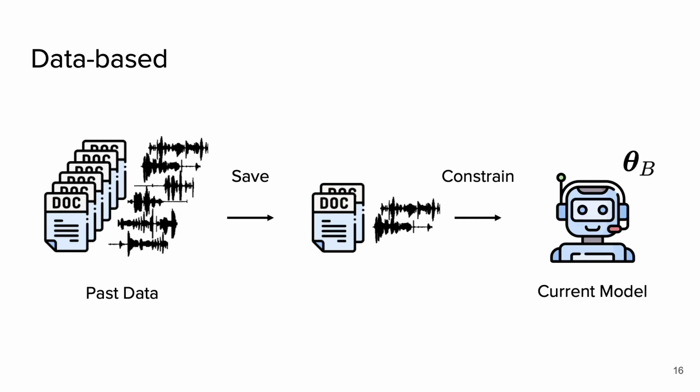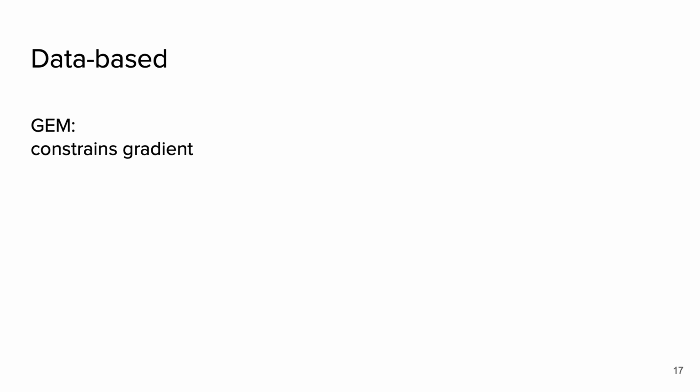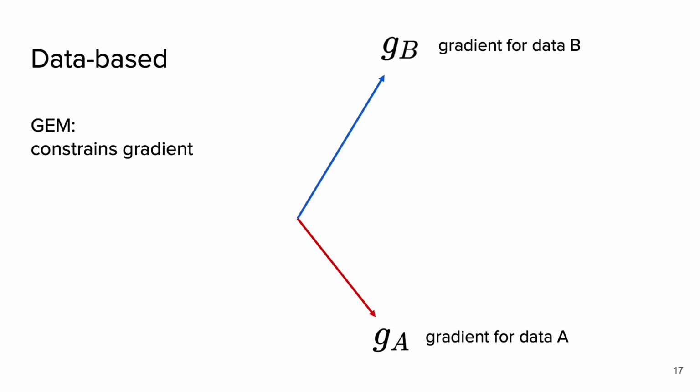For data-based methods, they try to save some data from the past to constrain the current model. GEM is the data-based method used here, which constrains the gradient. First, we compute the gradients for data from the two domains.